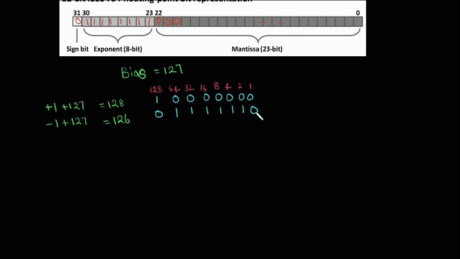If you put a 1 here, it becomes 127, but 127 minus 1 is 126. Now let us check. This number is bigger than this number, which makes the comparison easy. So this is the essence of biasing the number in IEEE 754 floating point number. Many of us get confused why this bias is used. So this is the reason why we use the bias.